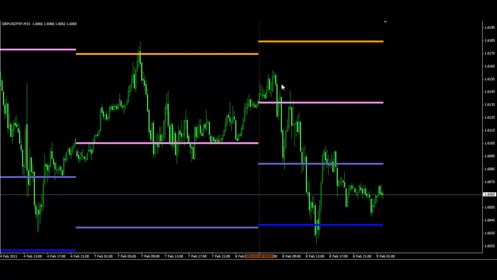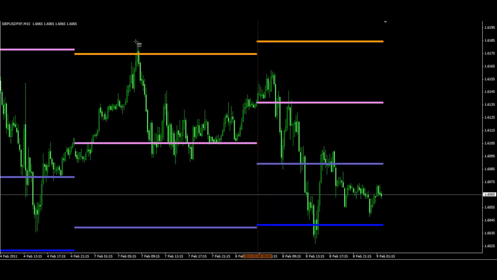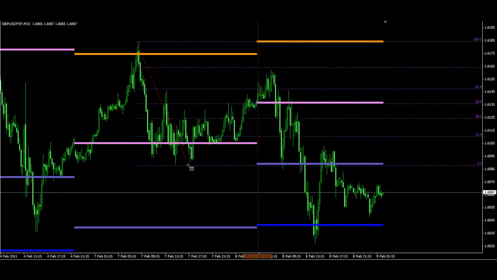Okay, so in this area here, you would see price trade up into our mid pivot. Now what you want to do is go over here, grab your Fibonacci, use the previous high, drag it down to the lowest low.